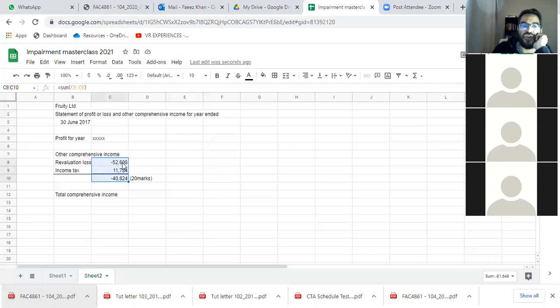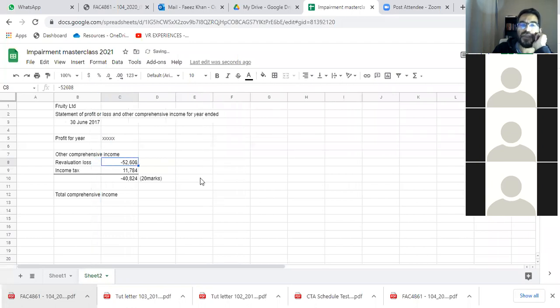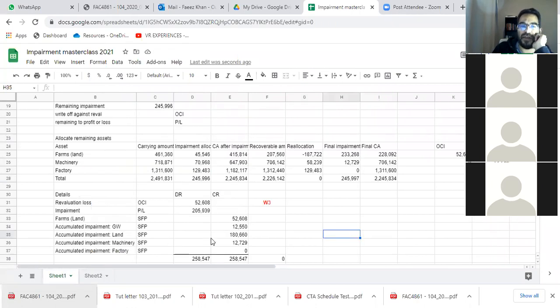But in order to know how much to take against revaluation loss, you needed to do the entire impairment calculation. Because remember, as I explained over here, we know the remaining impairment is 245. That does not mean that you must first give the full revaluation to OCI. It depends on what the impairment loss is against the individual asset.